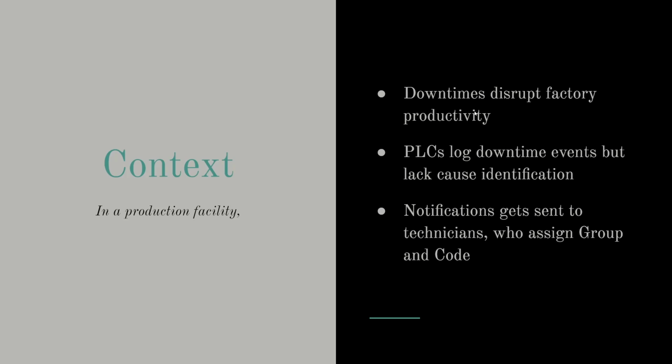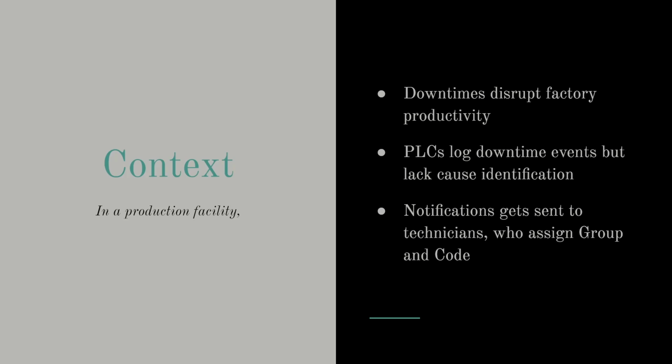And machine PLCs, or PLC basically means the programmable logic controller, is present in every major machine, can detect the downtime, basically when the downtime started and when the machine went back up again, it can detect the end of that downtime, and that downtime gets sent as a notification to the technicians, because the PLCs are not smart enough to identify the cause of that downtime.